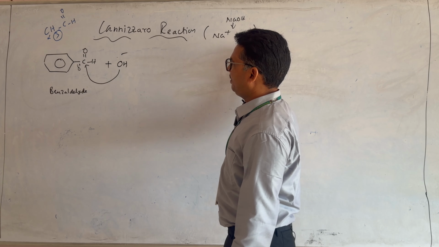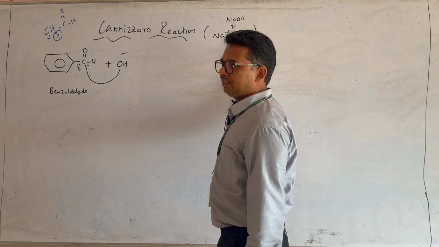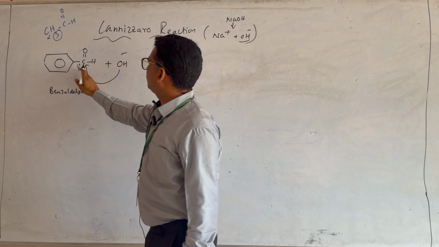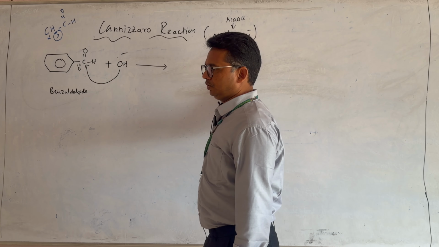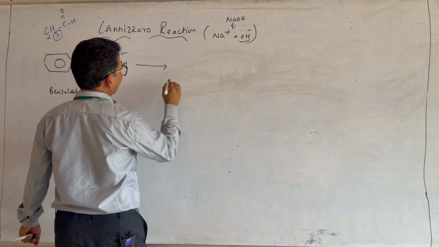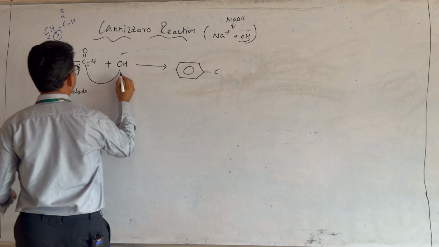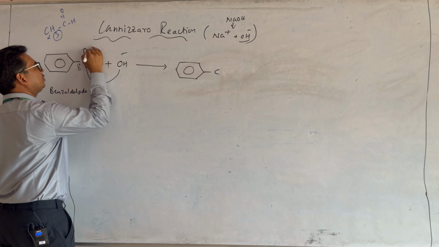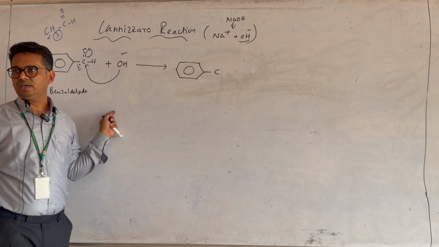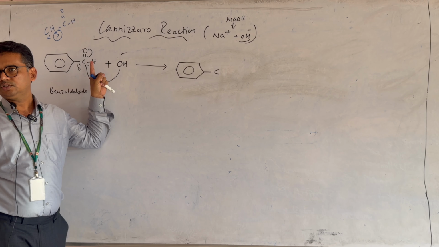It has the extra pair of electrons. With that extra pair of electrons, it is going to form a new bond between this carbon and this OH group. Then what will be formed in the next step? The OH will attack here, which means this pair of electrons moves to the oxygen. What type of effect is it called? Electromeric effect.